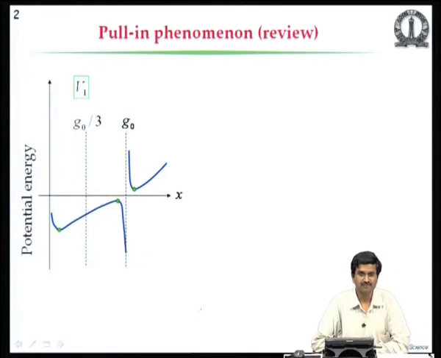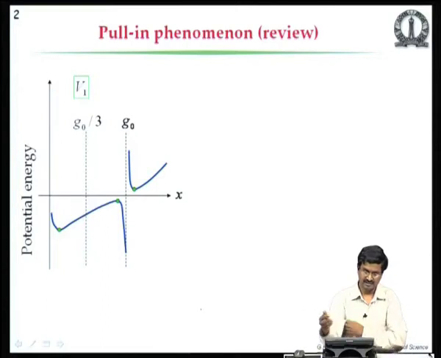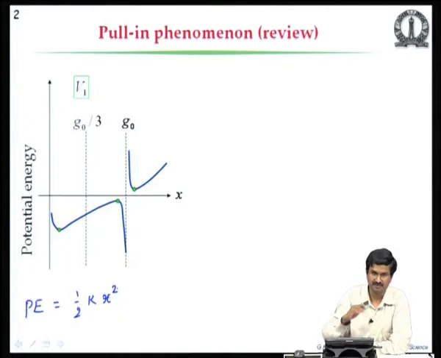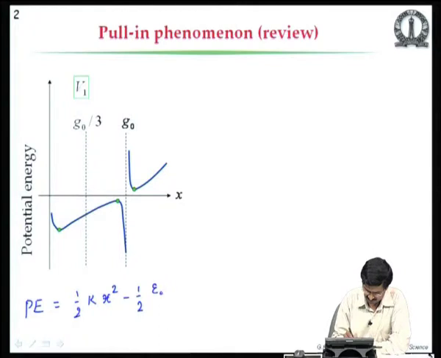Okay, let us just briefly review what we discussed in the last lecture. We have the potential energy, which I call P. It is half k x square, where x is the displacement of the top plate that is moving in a parallel plate capacitor, minus half C V square, where C is epsilon naught A by (g naught minus x).